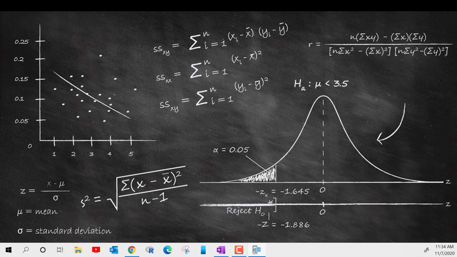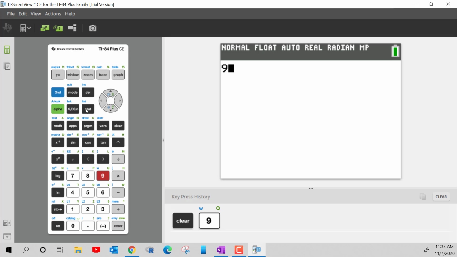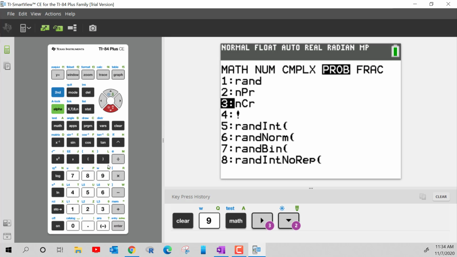Right? So just to show you, for example, we had 9, and then we go to the probability menu to get the combination.